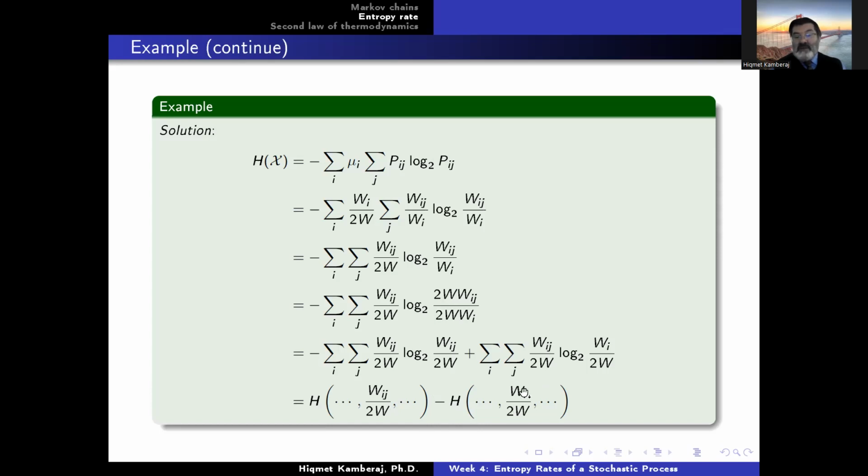The reason is that if you take the sum on the second term over j of wij, this will give wi. Then I will be left with one sum, the sum of all i's, wi over 2w, log base 2 of wi over 2w. And this gives me the Shannon entropy with probability distribution wi over 2w.